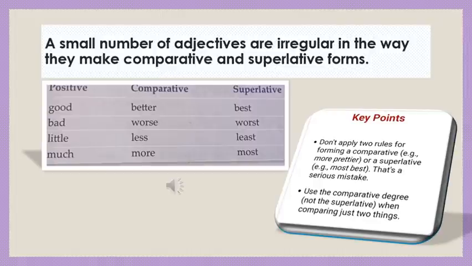Both are superlative. That is a serious mistake. So we should not use the same thing two times. And the last point given: use the comparative degree, not the superlative degree, when comparing just two things. When we need to compare only two things, use only the comparative degree.